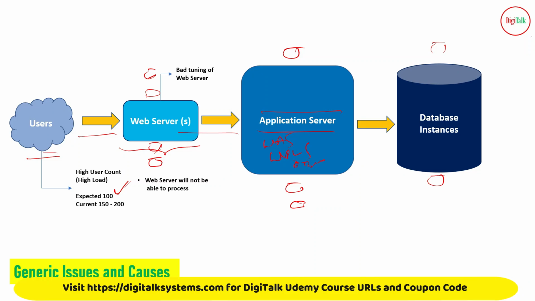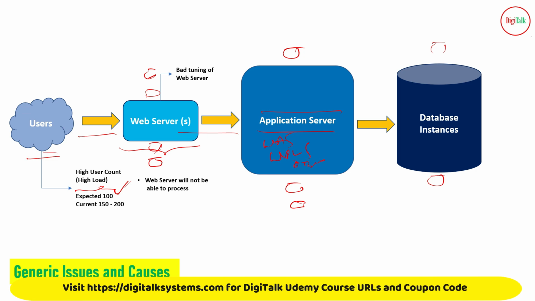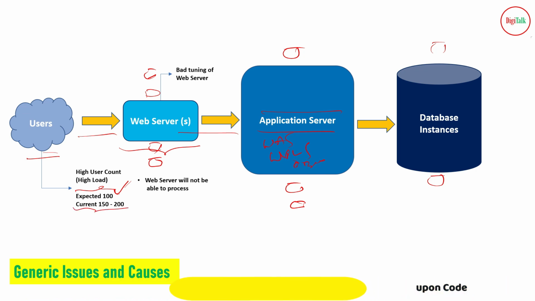Now what happens many times is that your system has been designed for 100 expected concurrent or simultaneous users, but at a certain moment, for any reason, the load increases in your system, and you may see that the users hitting your system are around 150 or 200, more than 100.